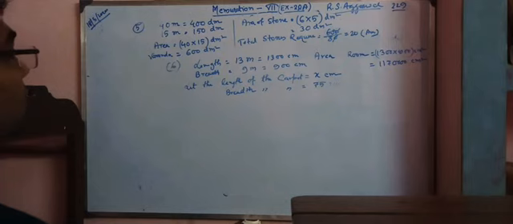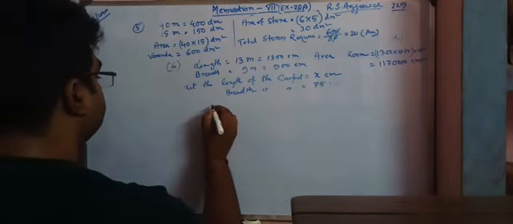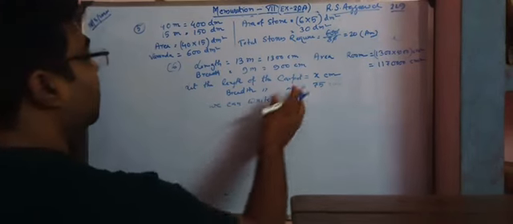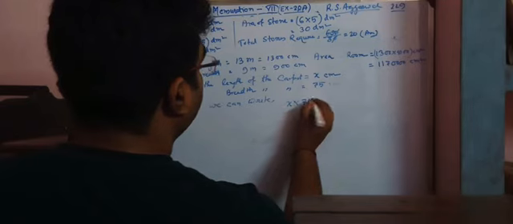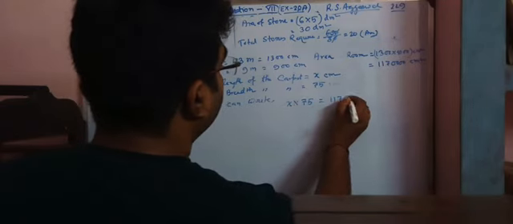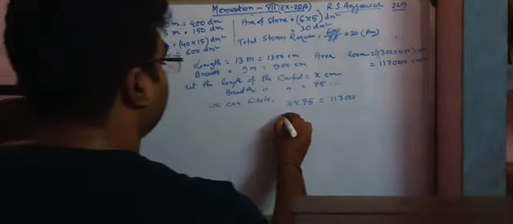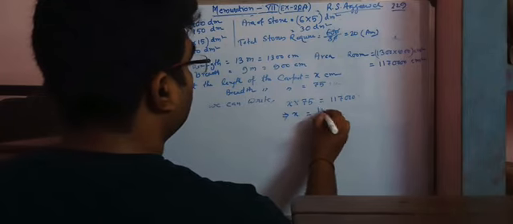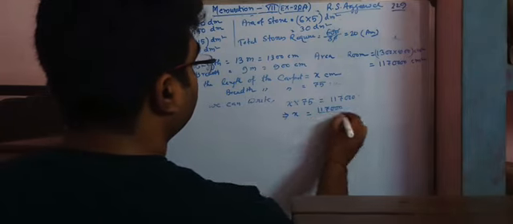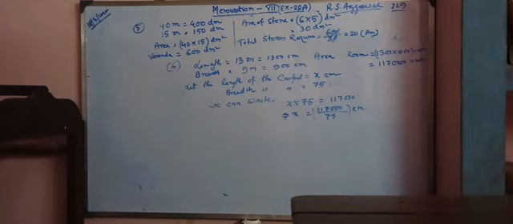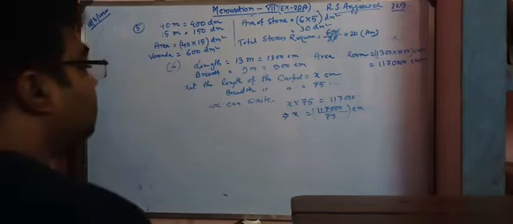So we can write that x into 75 is equal to 1170000 centimeter square. Now to find the length, x is equal to 1170000 by 75 centimeter.